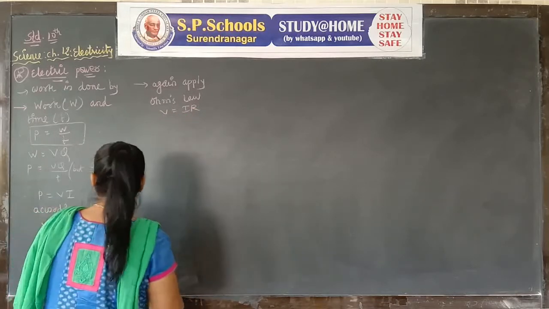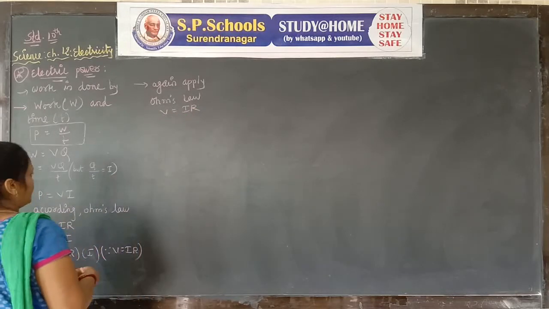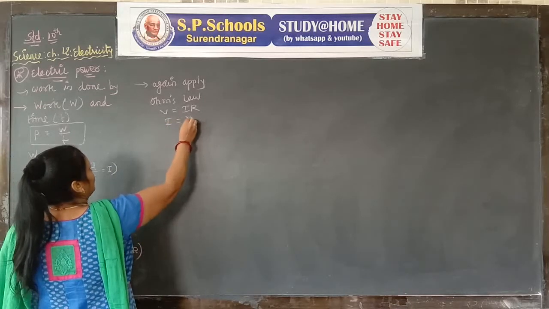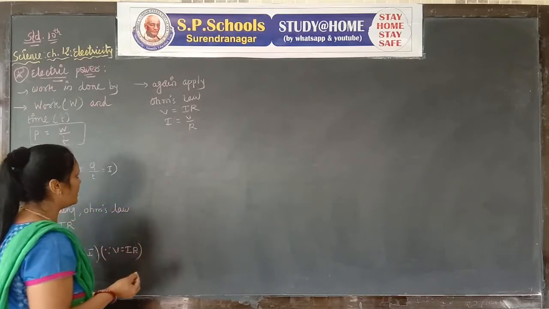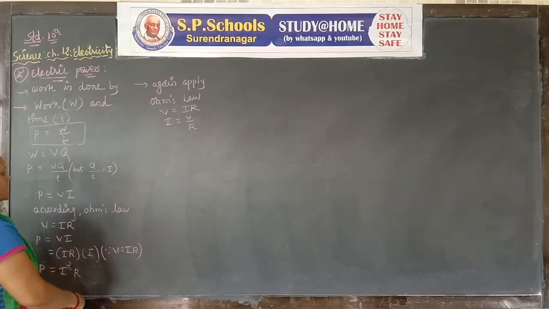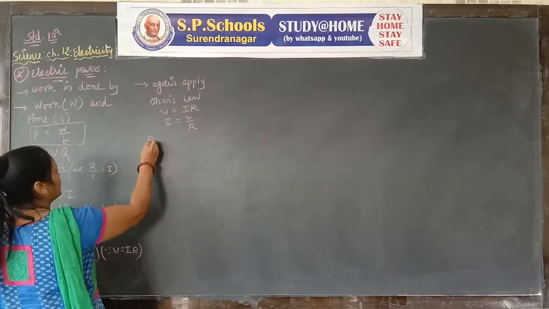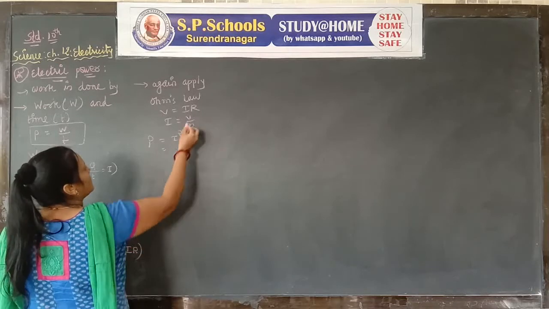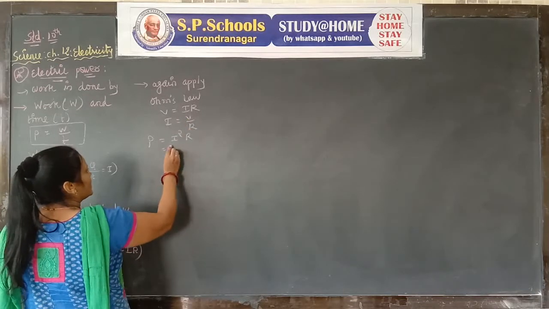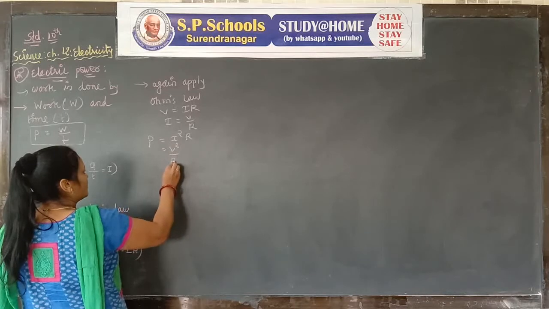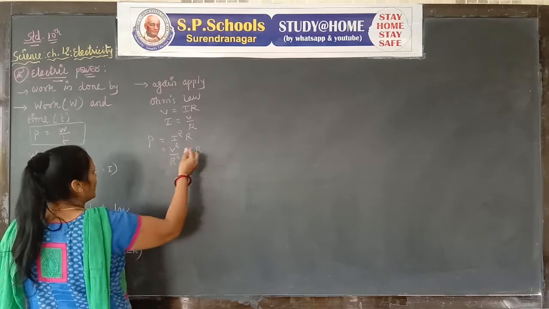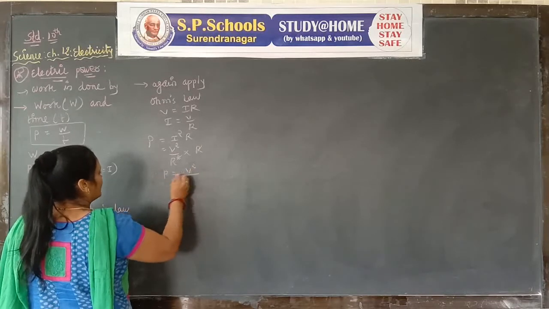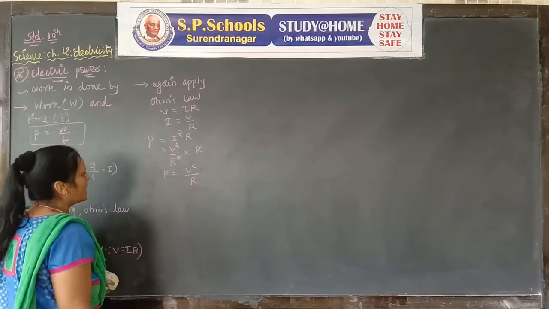We can make I the subject, I is equal to V upon R, and put the value in the formula P is equal to I square R. We write it again, I square R, we put V upon R, but here it is I square, so we write it V square upon R square into R. One R cancels, so P is equal to V square upon R.